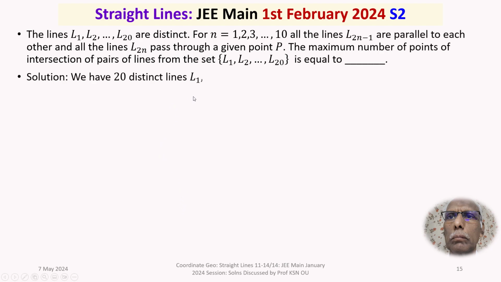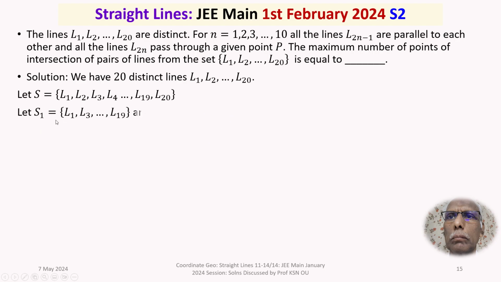We have 20 distinct lines L1, L2, L3, L4, ..., L20. Let capital S be the set of all those lines. Let S1 be all those lines which are odd indexed lines, that is L1, L3, ..., L19.